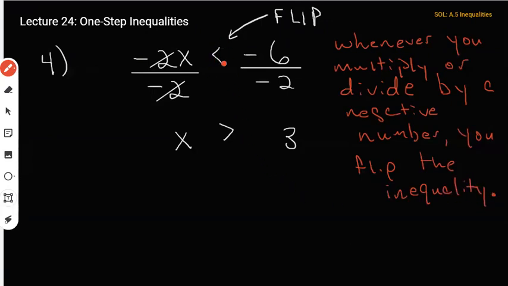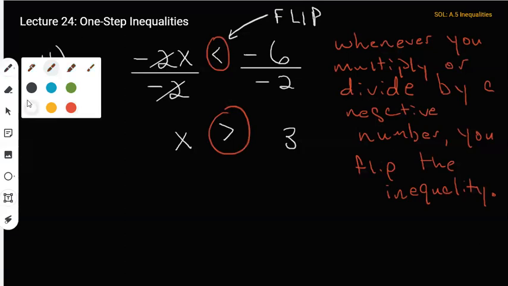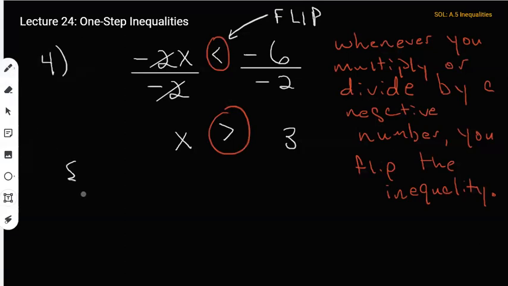So instead of staying a less than, it's going to become a greater than symbol. So then my solution set is going to be all the real numbers x, such that x is greater than 3.